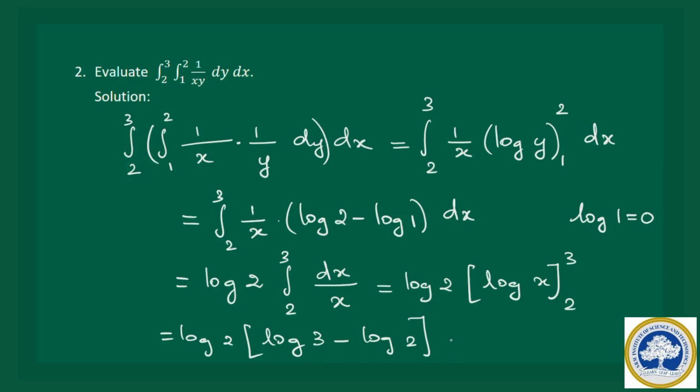This is the answer. If you want to simplify further, log 3 minus log 2 can be written as log of 3 by 2, because log a by b is equal to log a minus log b. Otherwise we can leave it as it is.